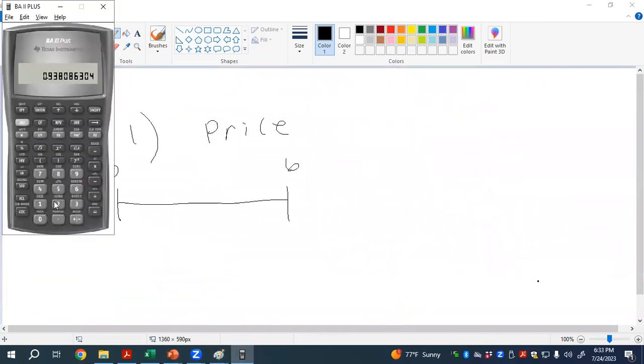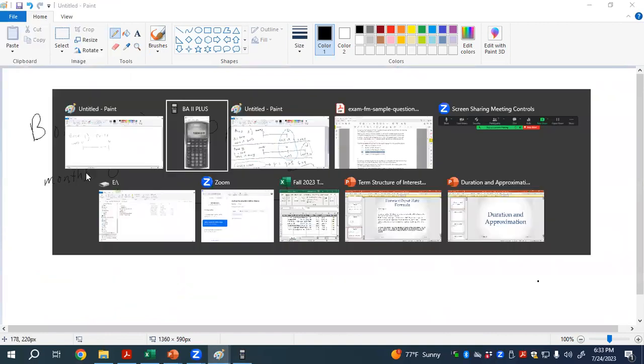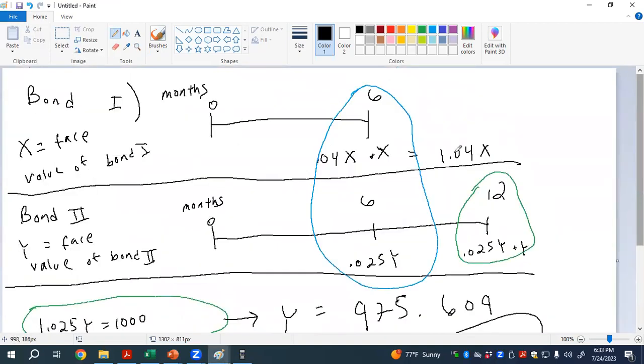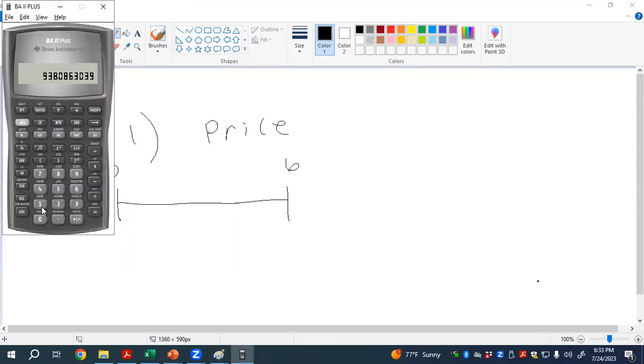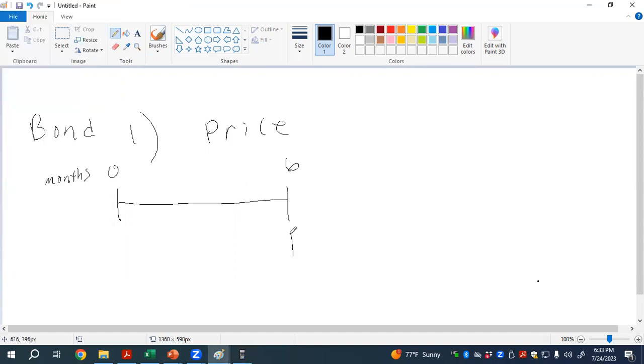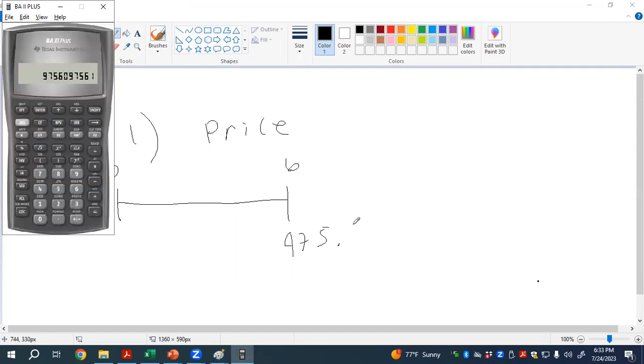Yeah, so remember times 1,000. This is what X is. Okay. So times 1.04. This is how much bond 1 is ultimately giving me at the end of 6 months, 975.